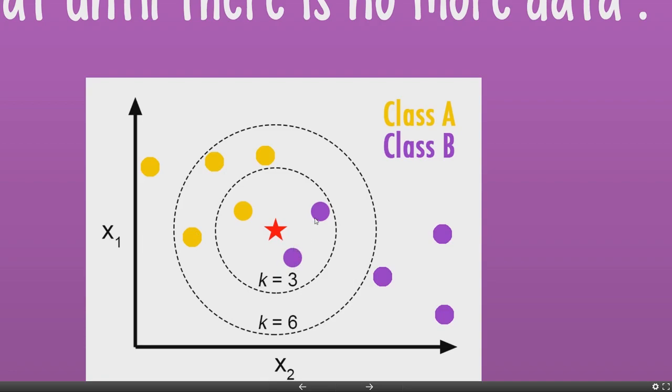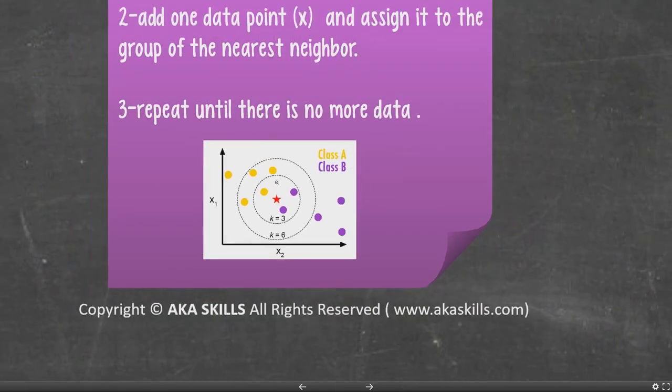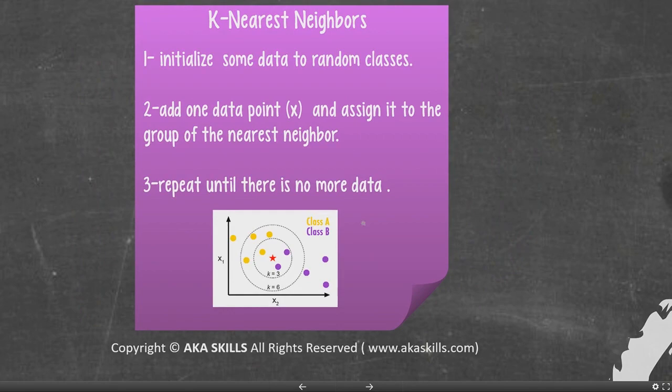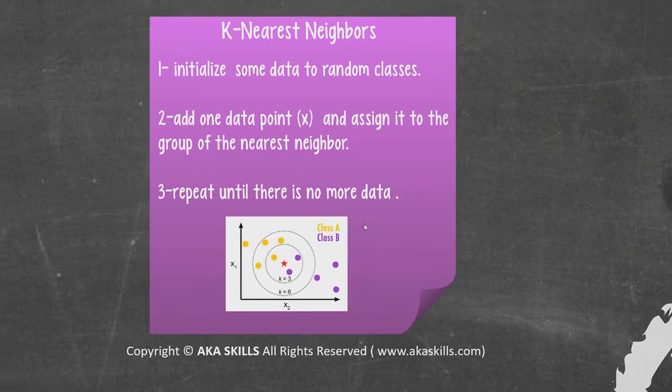We calculate there are 2 data points from class B and 4 data points from class A. That means we assign this star to class A because there are more data points close to it from class A. So it really depends on the k. Choosing the k carefully is really important in the K nearest neighbors algorithm.